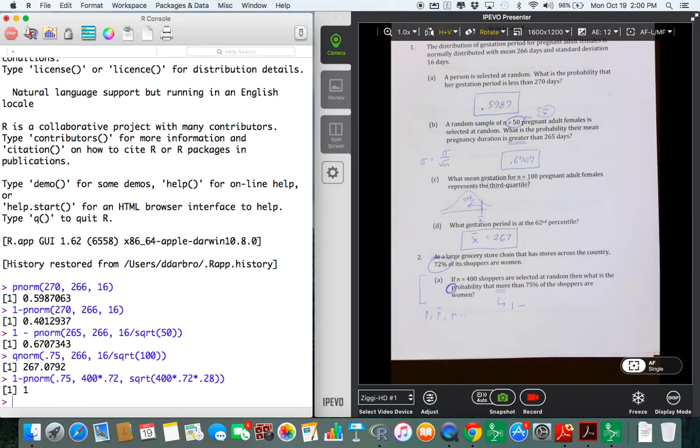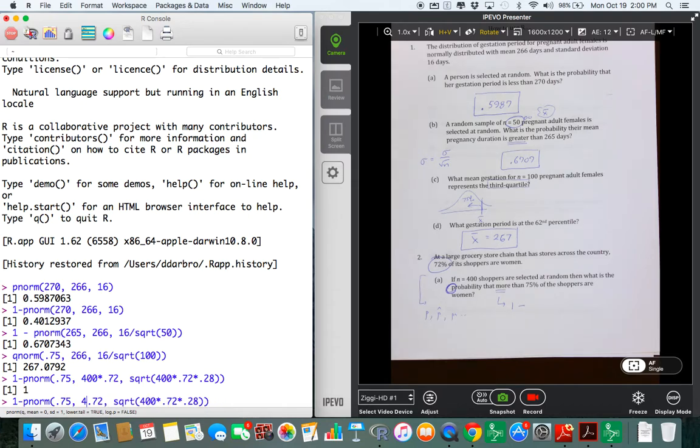Oh, wait a minute, gang. I did that wrong. That's scary. For these types of problems, I have to use the mean of P. Well, that was scary.